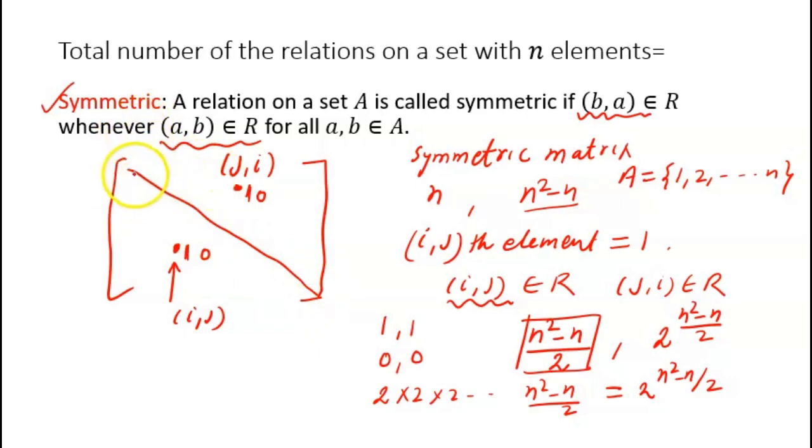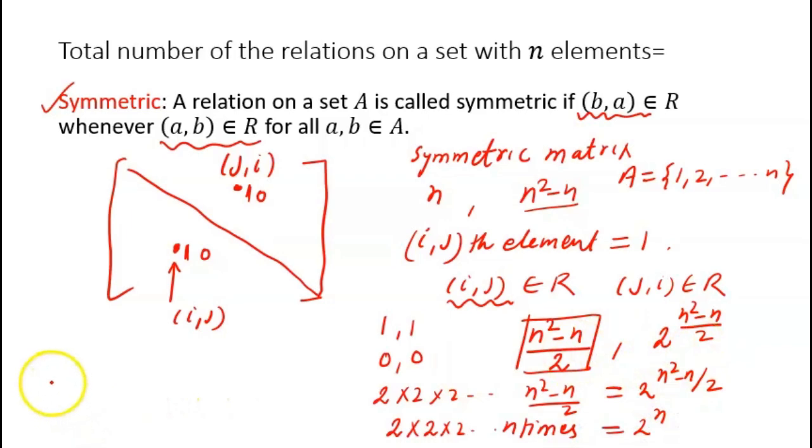So each of the n elements which are along the main diagonal can be either filled by a 0 or by a 1. So how many places are there along the main diagonal? There are n places, and each can be filled in how many ways? 2 ways. So the total number of ways are 2 into 2 into 2 n times, right? So the number of possibilities are 2 to the power n.